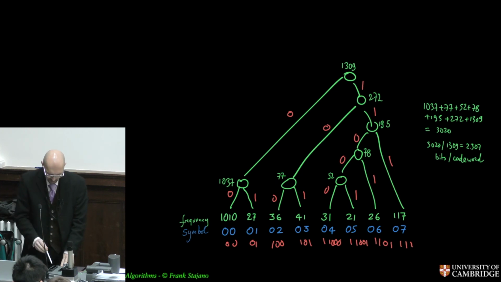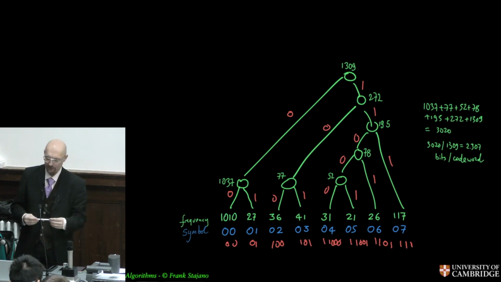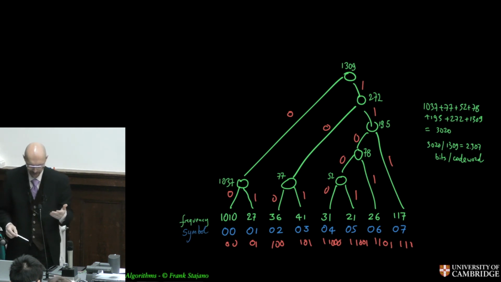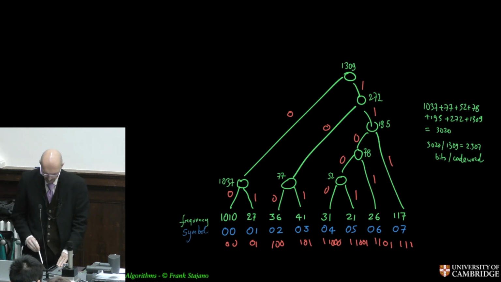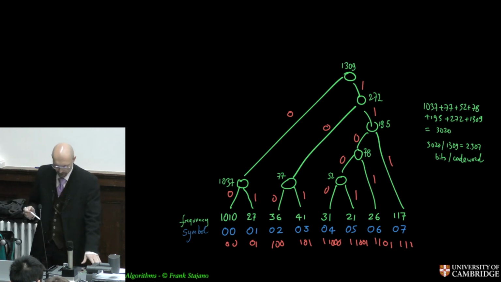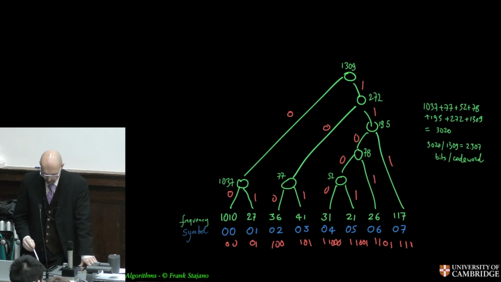So when you are building up a code, not necessarily the Huffman code, which is the best, the optimal code, you're building a code, any prefix code, out of some symbols for which you know the frequencies. You build the code by combining subtrees and recording the aggregate frequency of the things you merge.